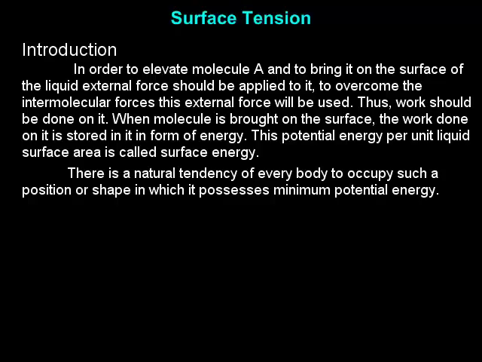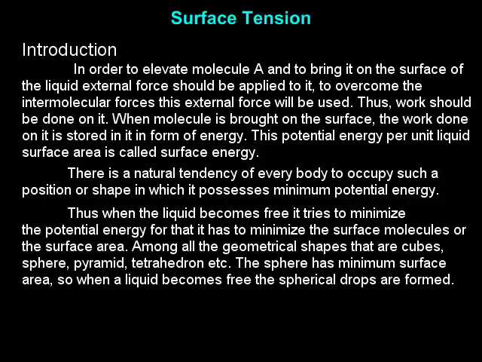There is a natural tendency of every body to occupy such a position or shape in which it possesses minimum potential energy. Thus, when the liquid becomes free, it tries to minimize the potential energy. For that, it has to minimize the surface molecules or the surface area.